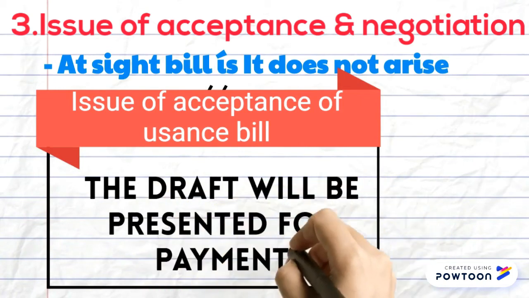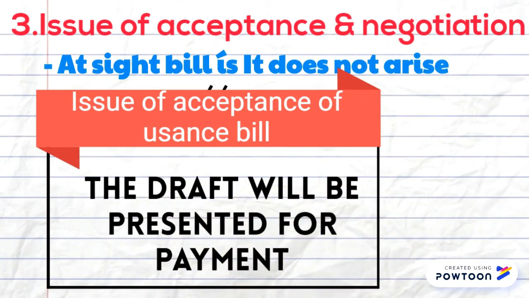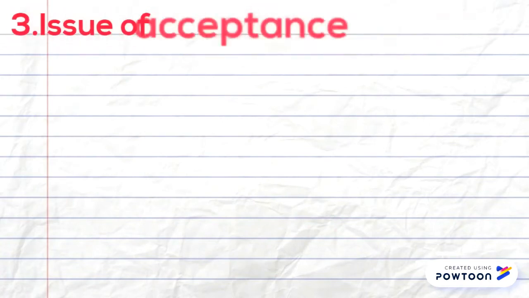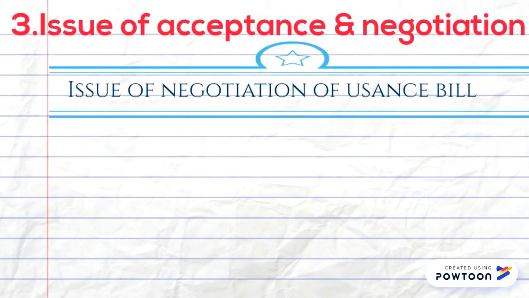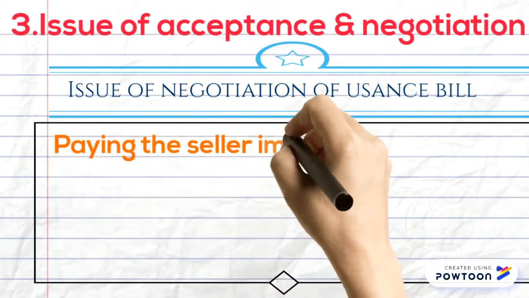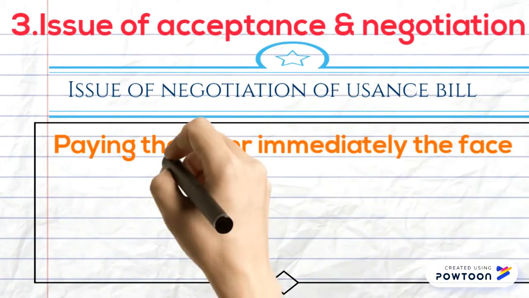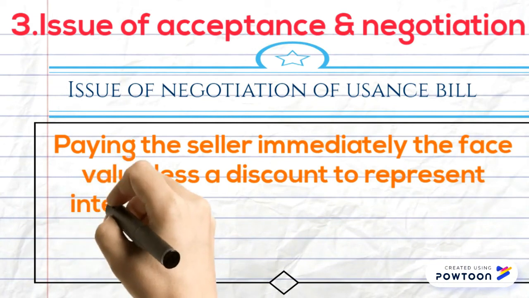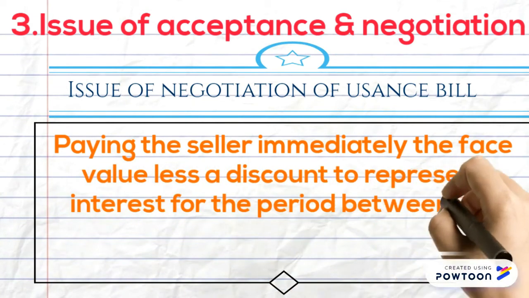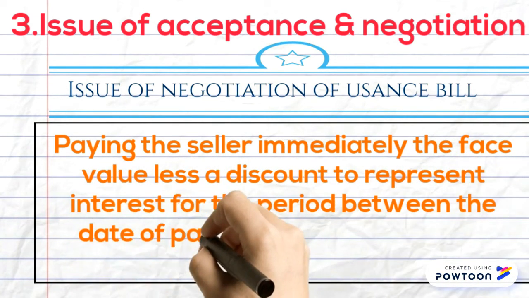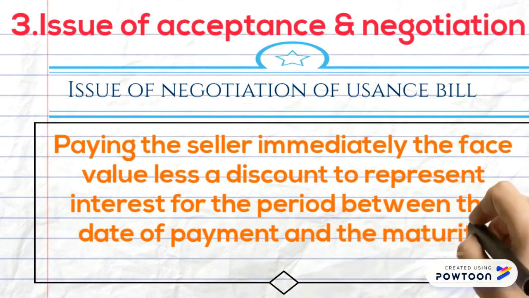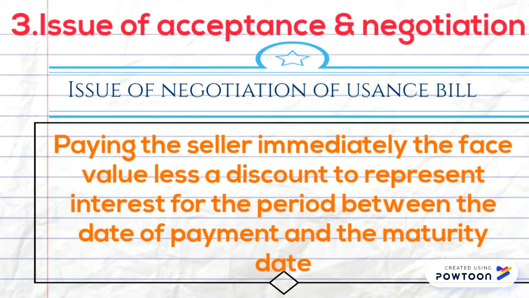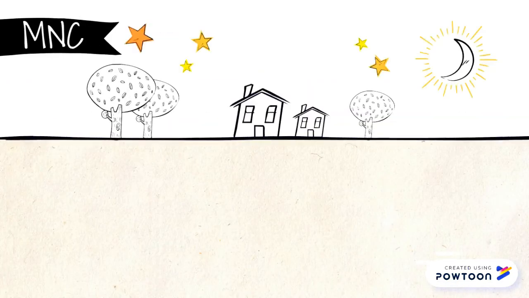For a usance bill, the draft will be presented for acceptance. On negotiation of a usance bill, the seller is paid immediately the face value less a discount to represent interest for the period between the date of payment and the maturity date.